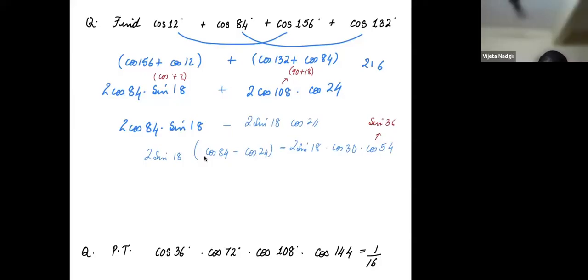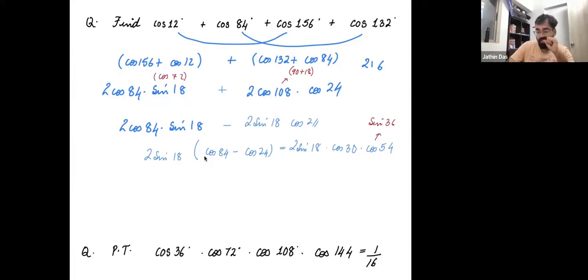Root 15 minus root 3 into root of 10 minus 2 root 5 by 16. Okay. You sure we didn't make any mistake, no?